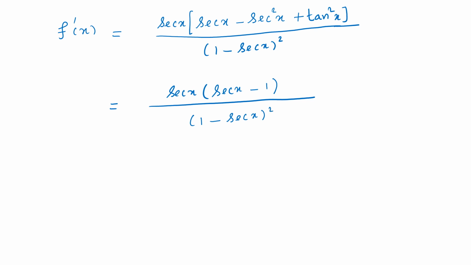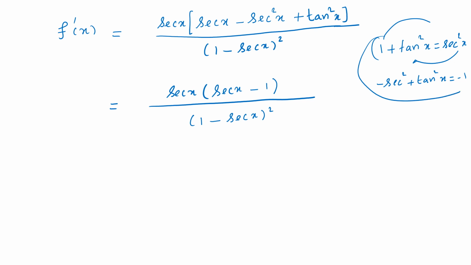What you have to remember here, this rule we have already, 1 plus tan square x equal to sec square x. So from this, sec square x comes to this side, minus sec square x. Then this 1 I am taking to the other side. So here remaining is tan square x, 1 on the other side, minus 1. So using this concept, I am writing minus sec square x plus tan square x equal to minus 1. This value becomes minus 1. Okay.